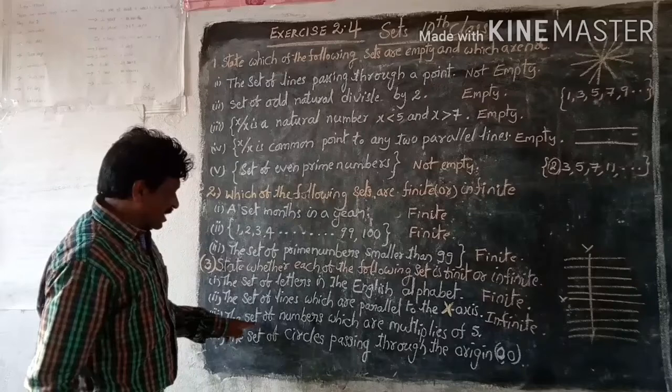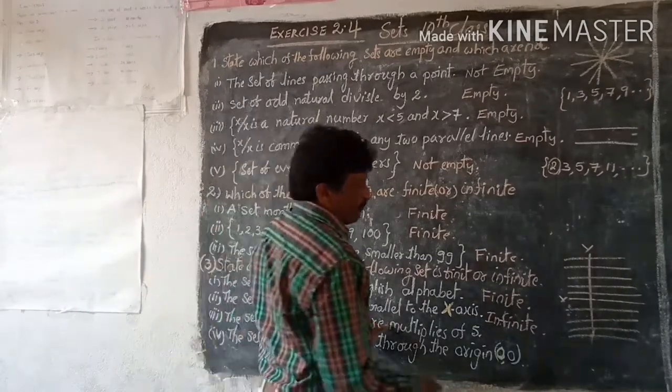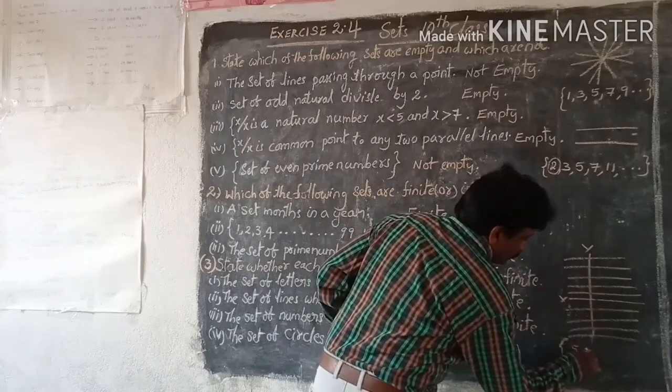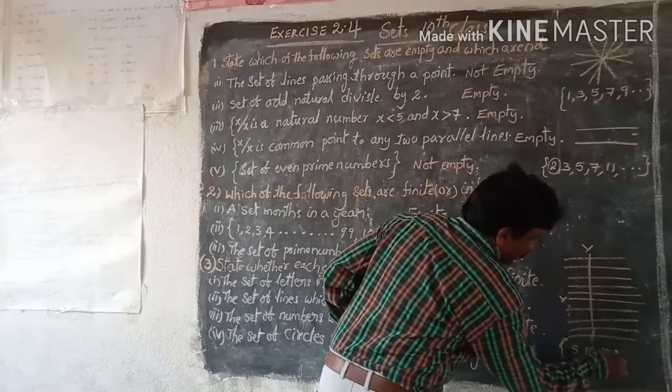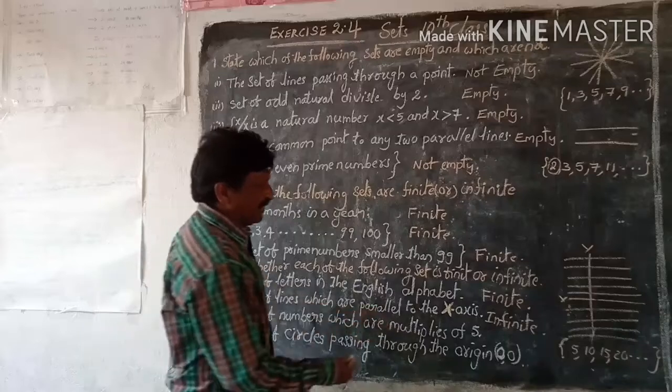Next, the set of numbers which are multiples of 5: 5, 10, 15, 20. A lot of numbers. It is also infinite.